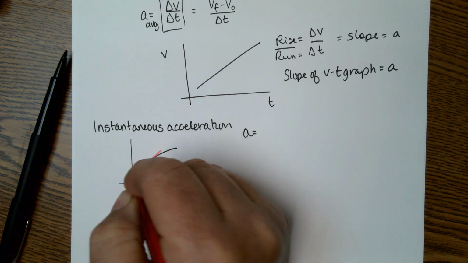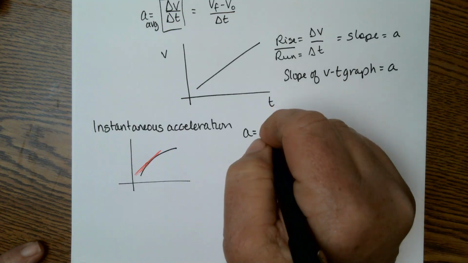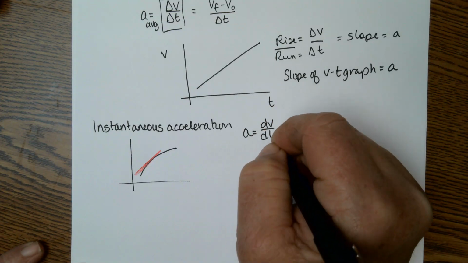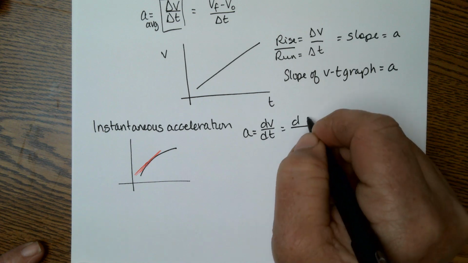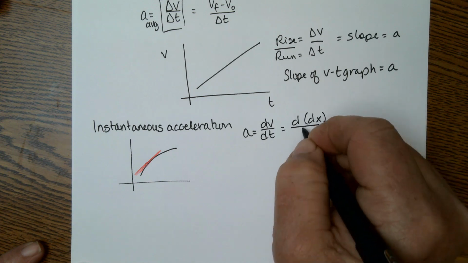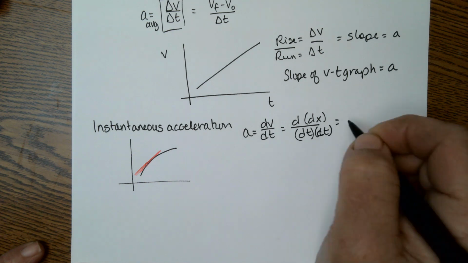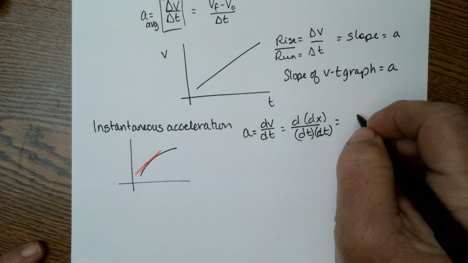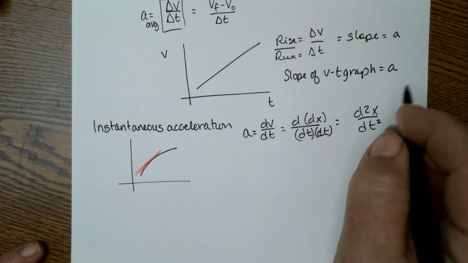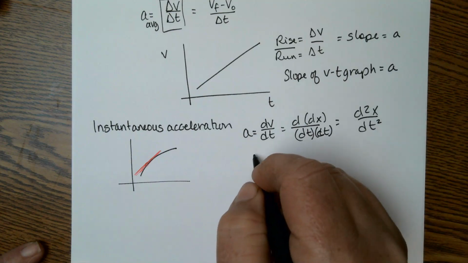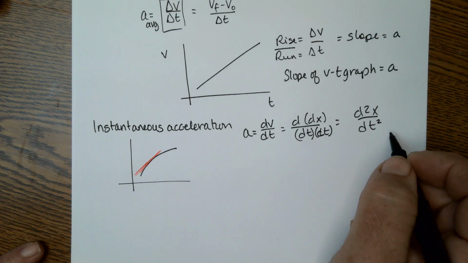And so my acceleration is going to be the derivative of velocity with respect to time. Now, remember that velocity is the derivative of position with respect to time. So I end up with d squared x over dt squared. And so acceleration is the first derivative of velocity, second derivative of position. Okay?